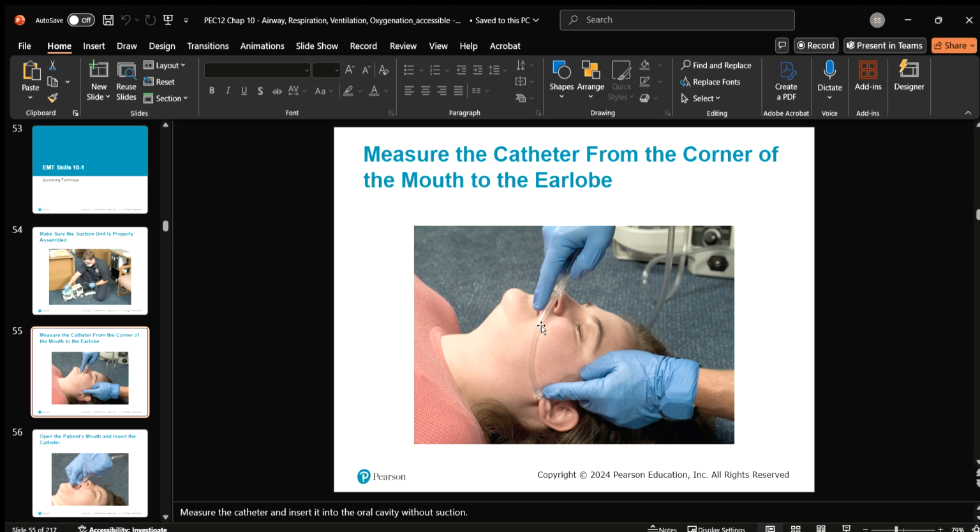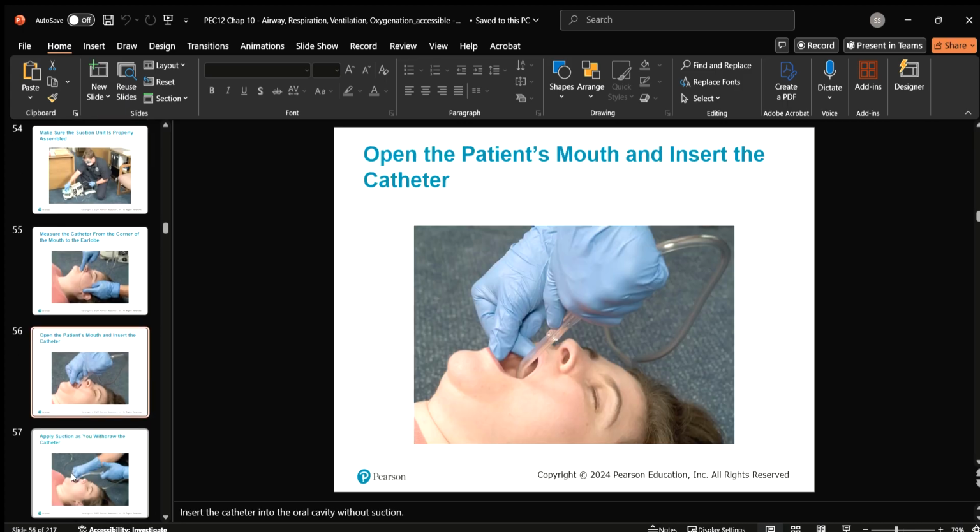Now, in a perfect world, I take a little piece of tape and mark where that is so I don't go past that. But if I need to suction my patient, is their airway patent? No. So I don't have time to screw around and put tape there. I just have to be careful when I insert it and I don't trigger their gag reflex.